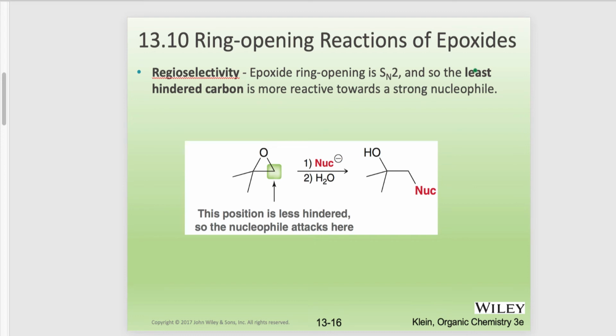And we want to actually then attack the least substituted carbon because of sterics. Let's just take this 1,1 dialkylated epoxide. 2 methyl groups are bulkier than 2 hydrogens that are not drawn here. And we now see that this is less hindered, and the nucleophile will actually now prefer, and I prefer you always draw your electron pair, so that now you can draw the mechanism. So this opens up. The second step is protonation, and here we go.